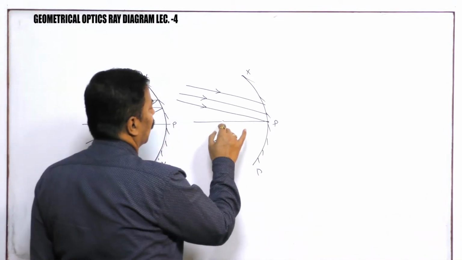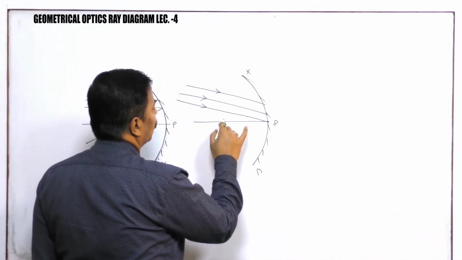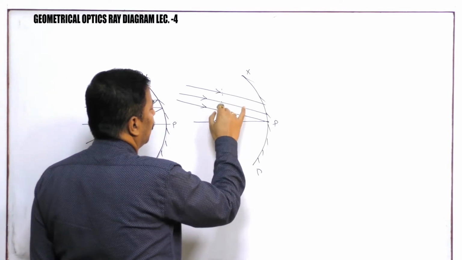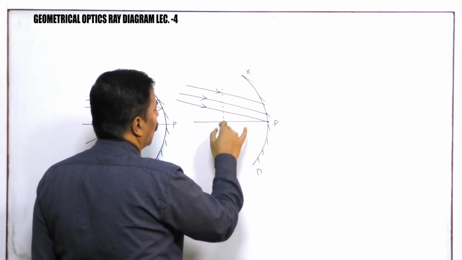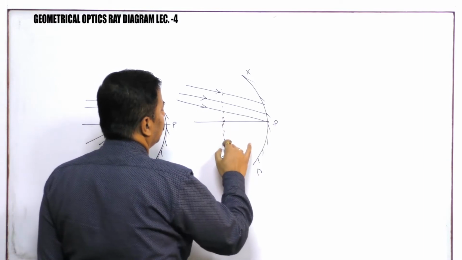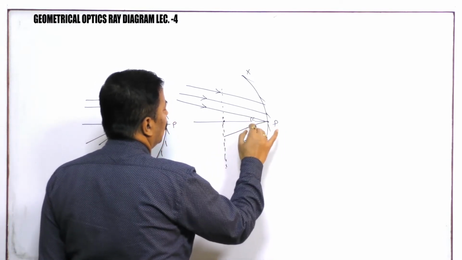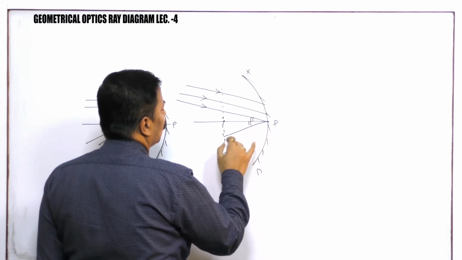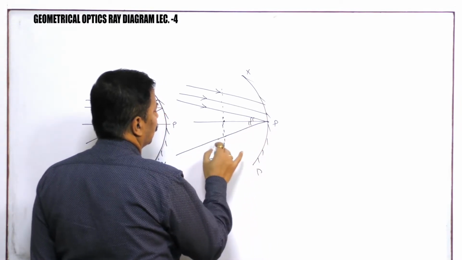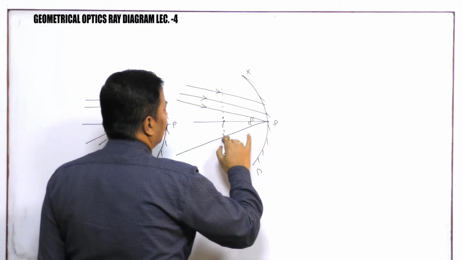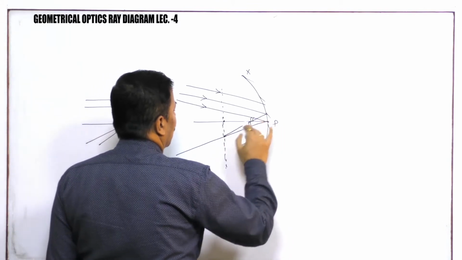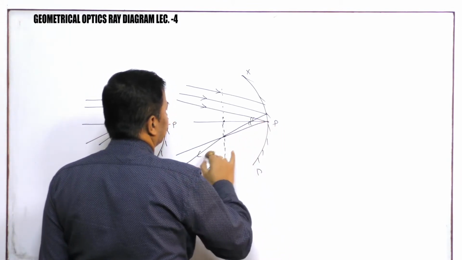If this is the focus, then here will be a plane, and on this focal plane, this is normal. So keeping this angle equal, here it is going, and every ray will intersect at this particular point.